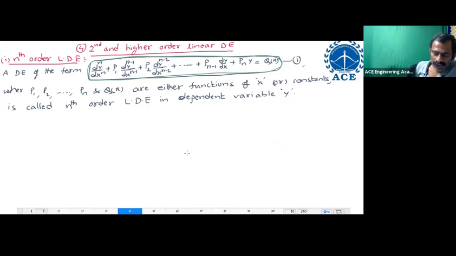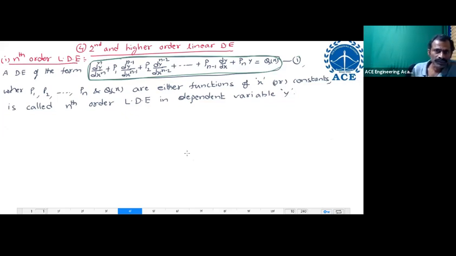Now in the higher order linear differential equation, instead of always writing the higher order equation with derivatives, we try to write the same equation in simplest form. Such a simplest form is operator form or symbolic form.